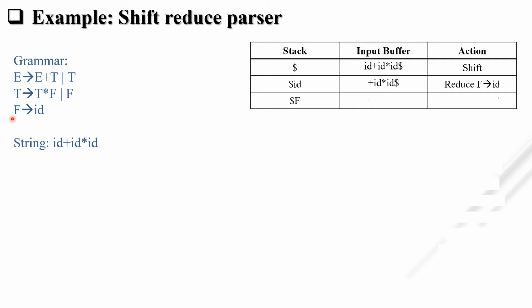Now we have to see that after F, if I reduce this plus, then F plus, is it on the right hand side of any production? No, there is only E plus.